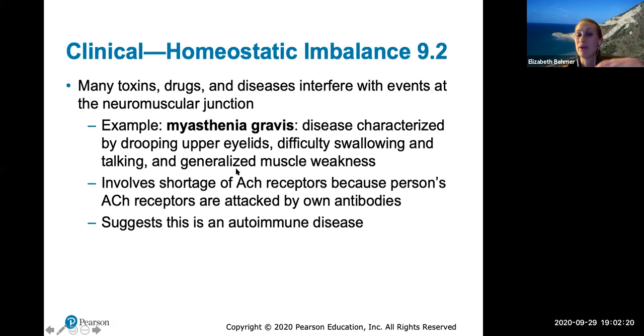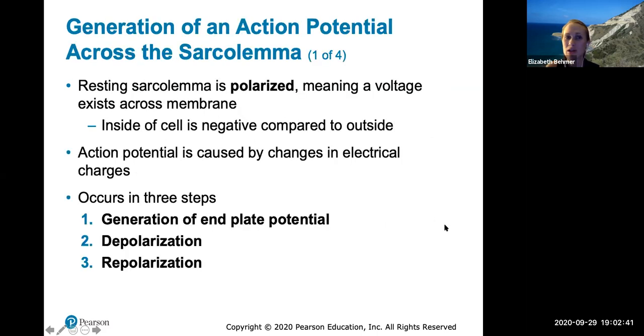All your muscles are much weaker, and it involves a shortage of acetylcholine receptors because a person's acetylcholine receptors are being attacked by their own antibodies. So this is an autoimmune disease. That is an example of a disease that affects things going on at the neuromuscular junction.